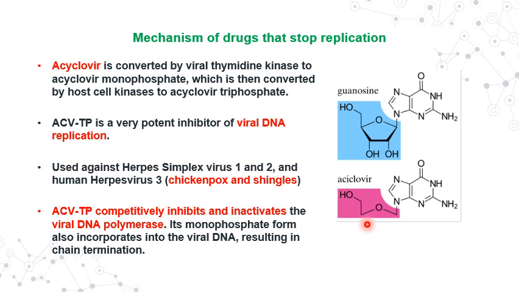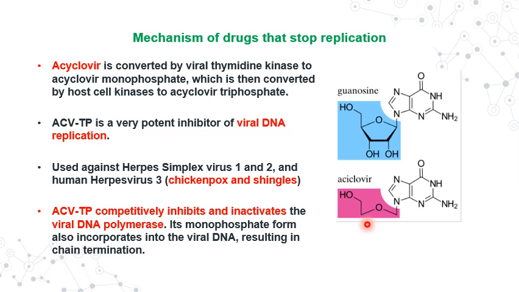Those are DNA viruses. Now, one thing that should be coming up in your head is, can this just stop the host DNA polymerase as well, like eukaryotic DNA polymerase? Couldn't it just kill the host cell too? Well, it could, but it doesn't.